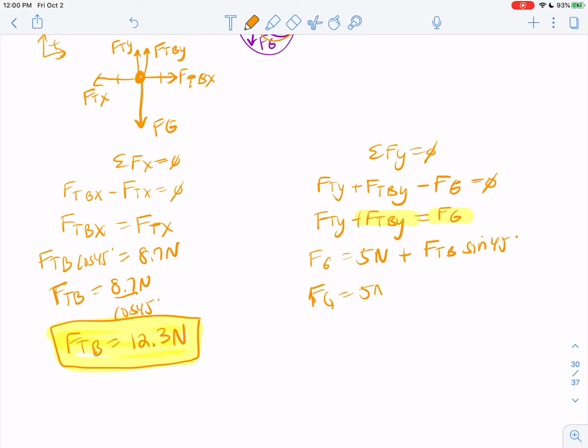But now I found out FTB over here, so now I can just plug this in on this side. So 12.3 times sine 45 is 8.7. Oh, I already knew that. I could have figured that out already. Plus 5 is going to be 13.7 newtons.